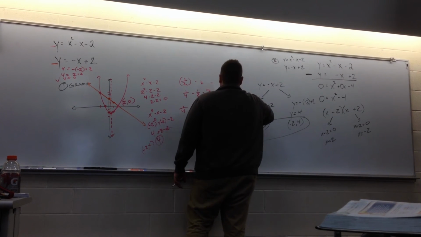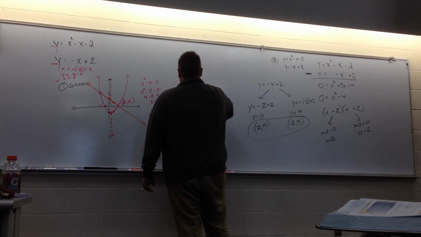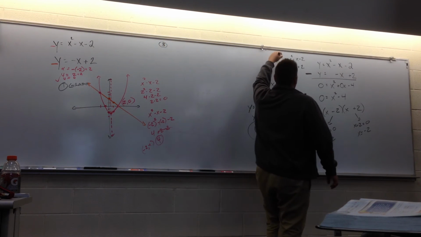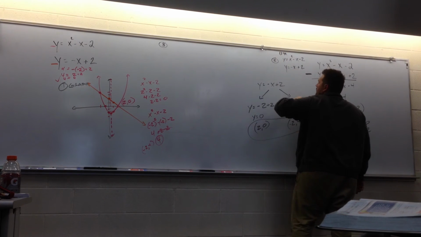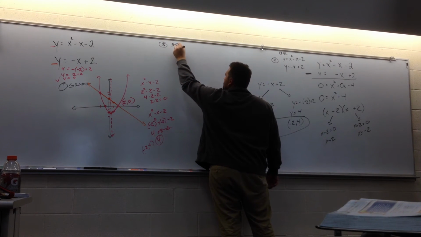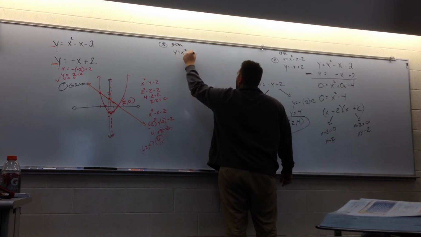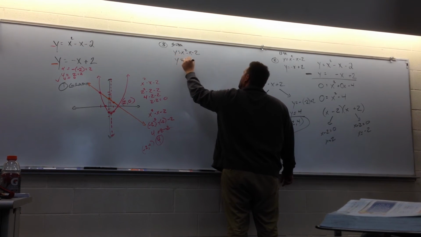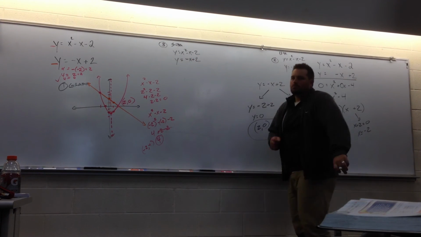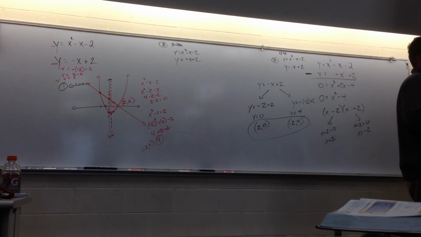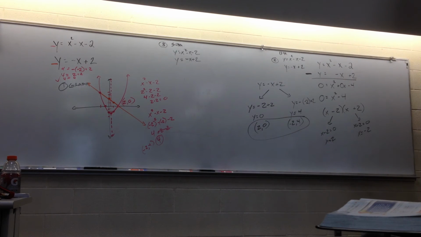You like substitution? Yes, so do I. It's usually my favorite way to solve. Okay, so this was the elimination. Here's substitution. I've got y equals x squared minus x minus 2, and y equals negative x plus 2. So what do I need to do first? If I'm using substitution, I need to get both of them equal to the same thing.